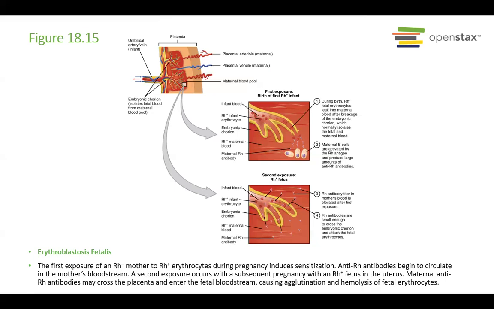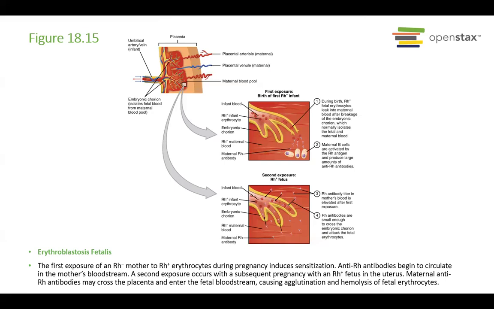Now the immune system just realizes these are different glycocalyx from our red blood cells. We need to be careful. So the next birth, the next pregnancy, when the mom is pregnant the next time, that is when the immune system begins the attack.